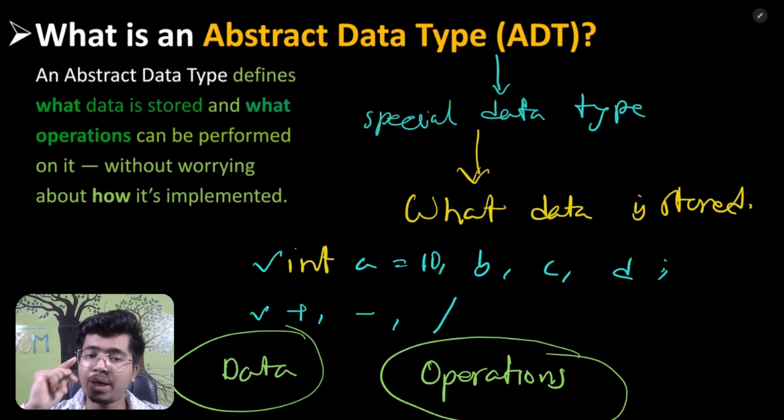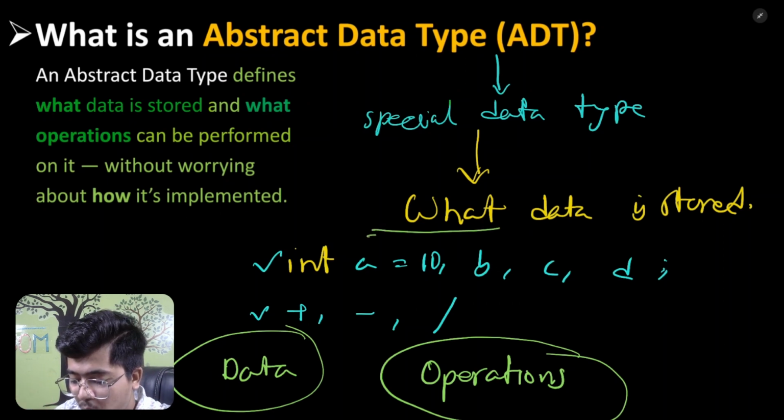We care about what data we are defining and what operations we are performing. I know you might not be getting this clearly in your head, so don't worry. Let's analyze it further. The more we analyze, the better you will get it. First you should know that in abstract data types we only deal with this what factor.